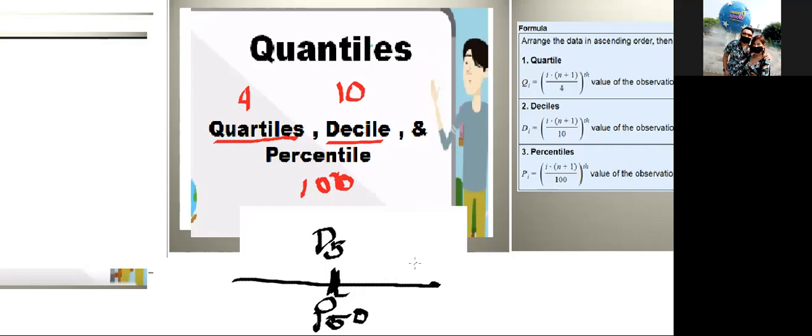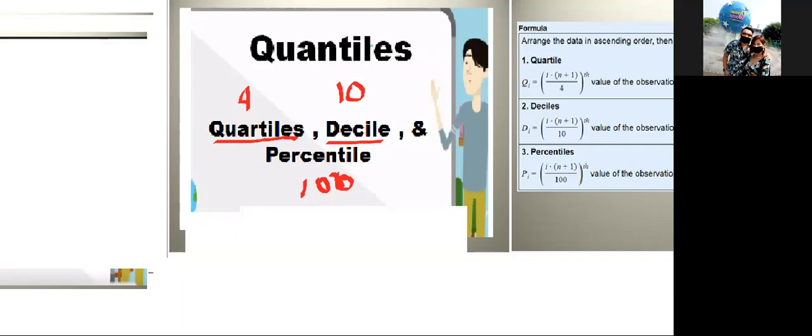If you have the upper 50% here and the lower 50% of the data set, that is how we illustrate it in connection to our median.